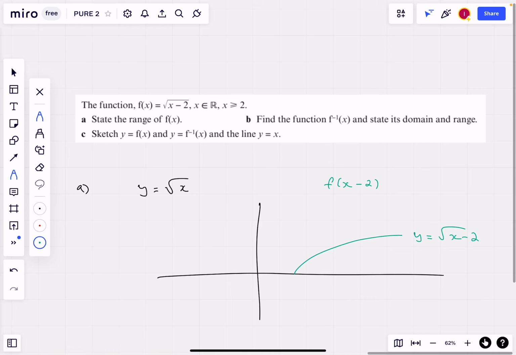It's asking for the range. The range is any value of y provided that it's greater than or equal to 0.